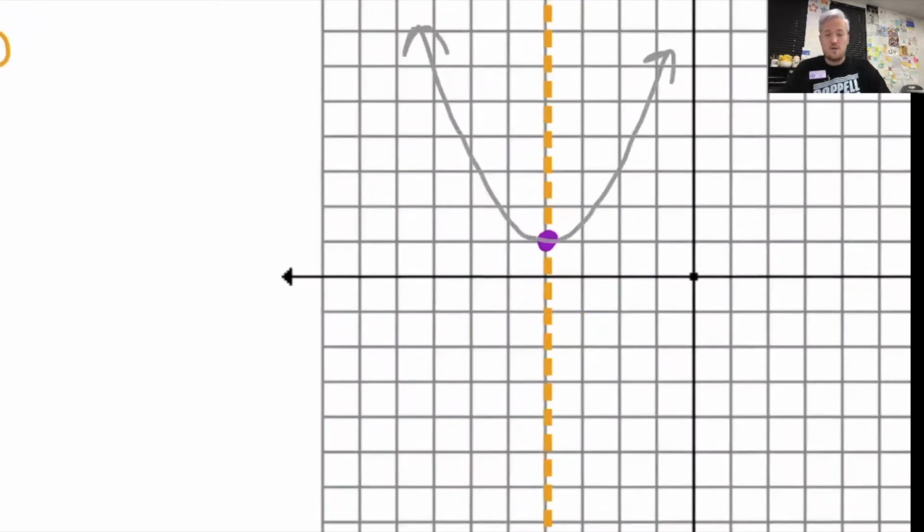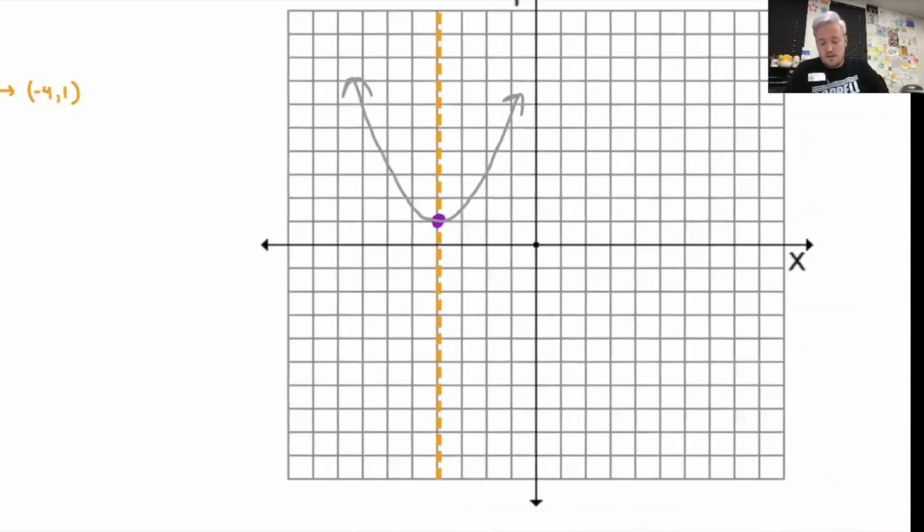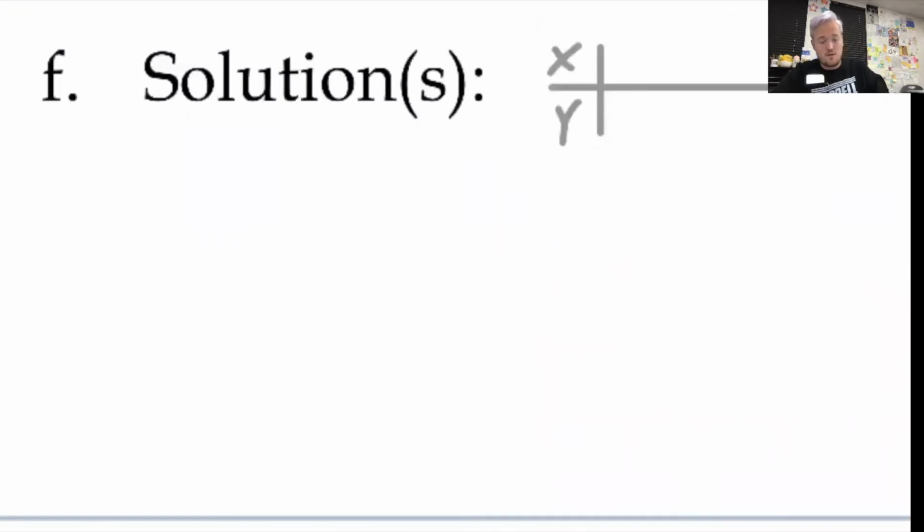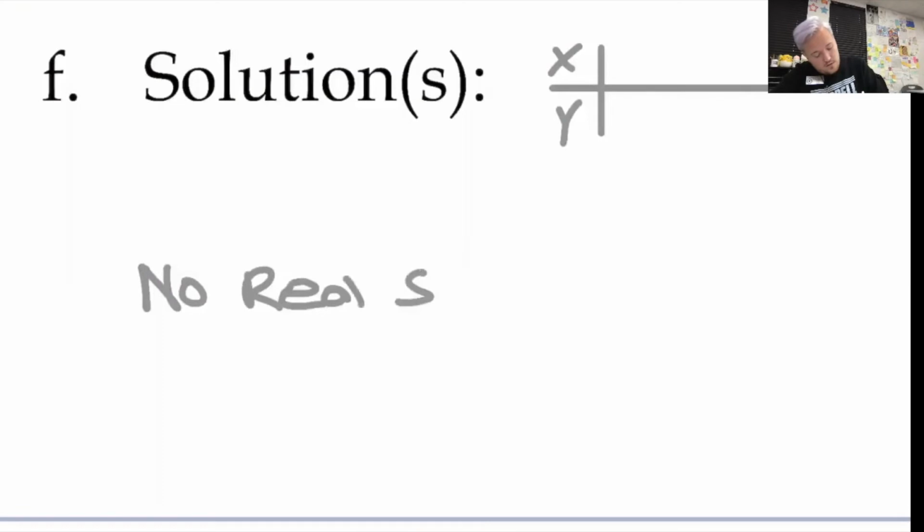So think logically here. Does that ever mean that it's going to cross the x-axis if it faces up and it's above the x-axis? No, it cannot cross the x-axis. So automatically, that means we're going to have no solution here. I don't even need to look at the table values to know, nope, no real solution. I almost fell for my own trick. No real solution.